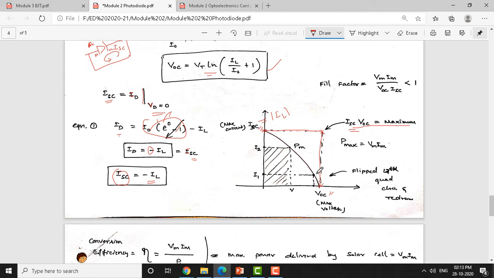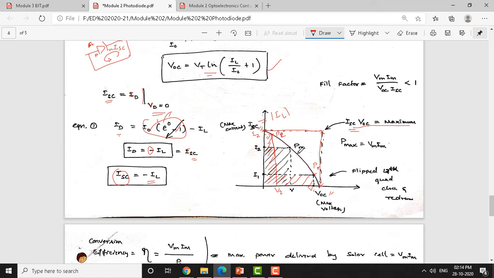In case I choose this point here, the current is I1 and the voltage, let us say V1, the area covered under this region is minimum. And even if I choose another point, let us call this P2 and this P1, corresponding to this current, let me take it as I2 and this voltage as V2, the area under this curve is also going to be small.